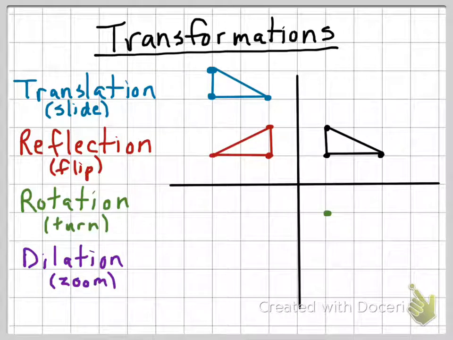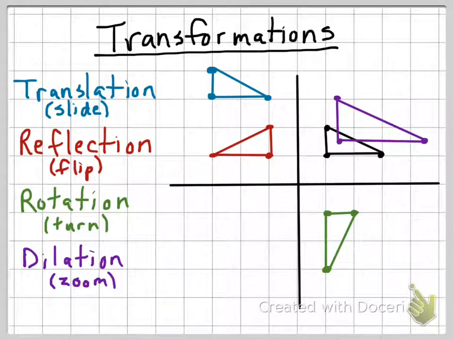Okay, same shape, just flipped across, in this case, the y-axis. The next one is a rotation. This one's just turned 90 degrees. And then a dilation. Just made bigger. A dilation could make it bigger or smaller. It could zoom in, it could zoom out.